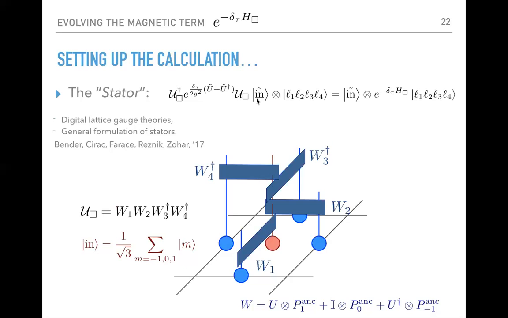So this is the initial state, which was the ancillary degree of freedom, and these are the four links in the plaquette. Now we did this part, we made this sequence of two-body gates. And now we apply a local operation, which is engineered. You have to make it work for your particular case. It's nothing general.